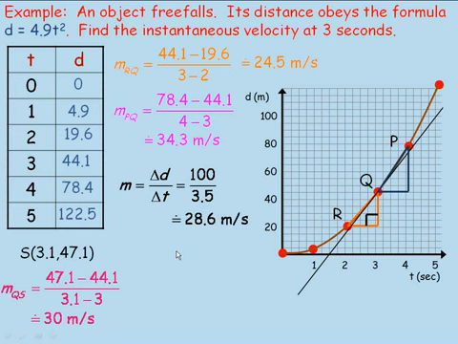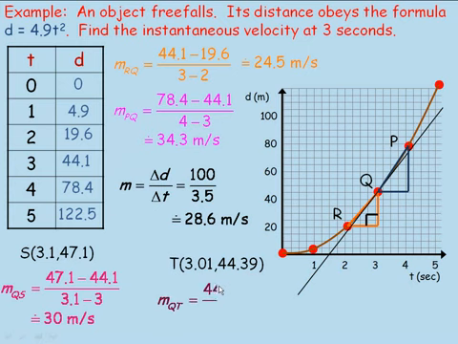Now I could get even closer if I wanted to. I could take a time of, let's say, 3.01 seconds, only 1/100th of a second bigger than 3. And so if I fill 3.01 in place of time here, 3.01 squared times 4.9 is a distance of 44.39 meters fallen.